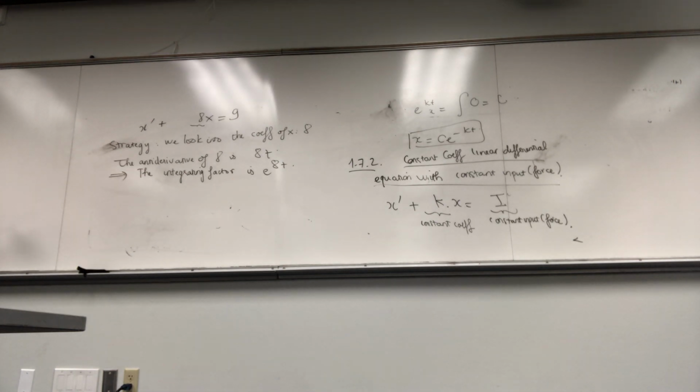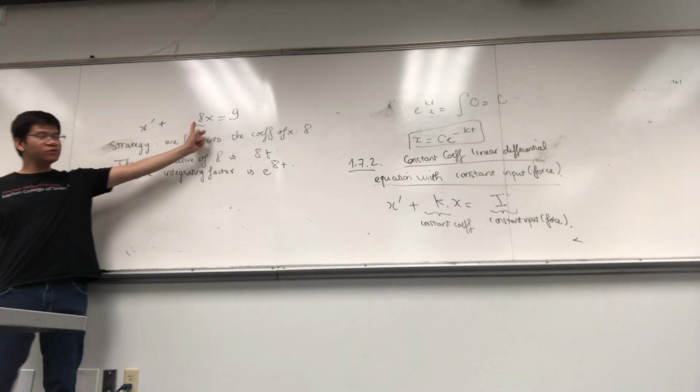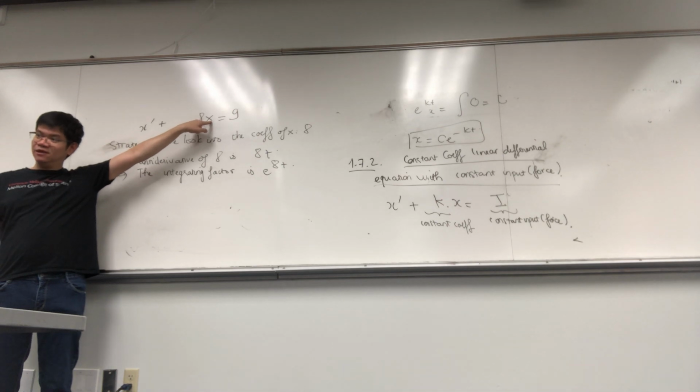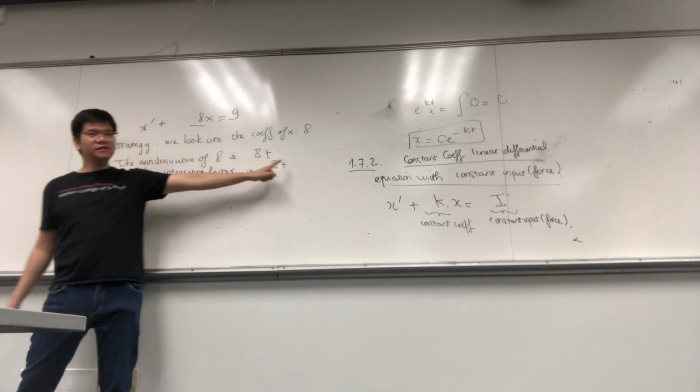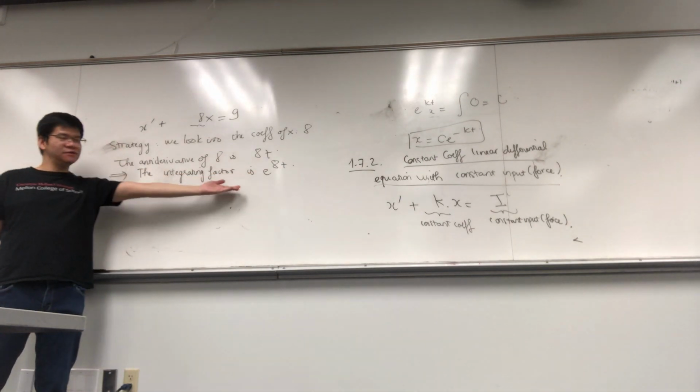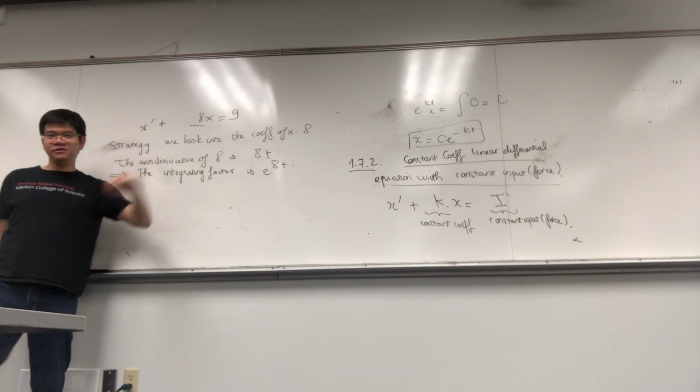This is basically how you find the integrating factor. You just look into the coefficient of the x, which is the number 8, just take the antiderivative, which is 8t, and the integrating factor will be the exponential of this function, right?